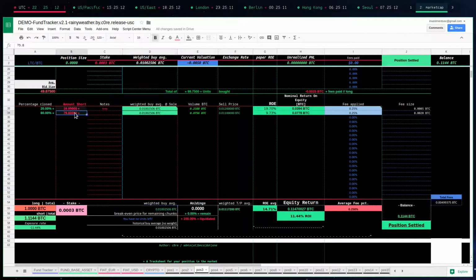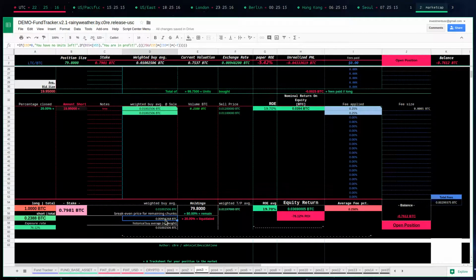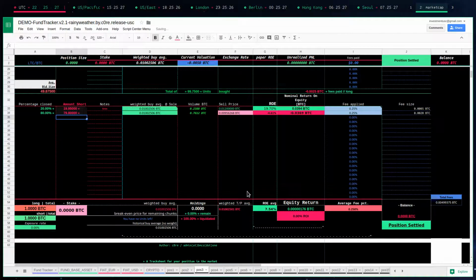The funny thing this sheet is able to do is calculating your break-even price. So I'll just copy and paste that out, and close the rest of my position for exactly 0.